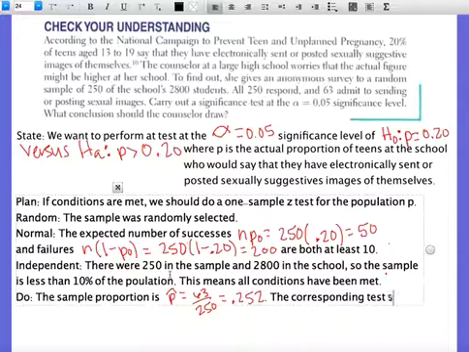The corresponding test statistic, we would have to find Z. Now there is an easier way to find Z than using the big long formula, and that's to do it on the calculator.